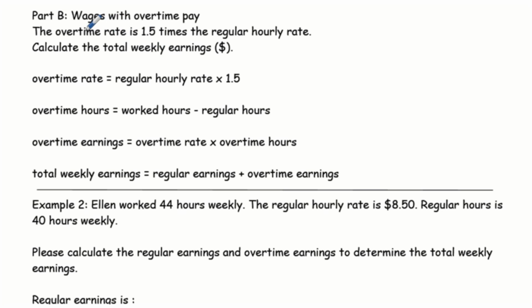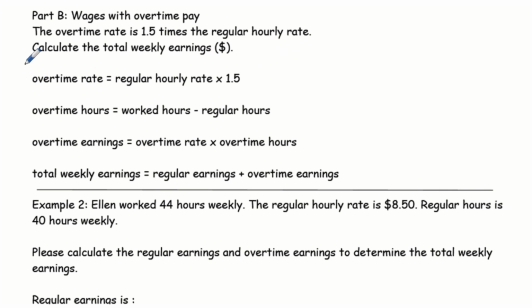And the next one, we are going to do part B, wages with overtime pay. So the overtime rate is 1.5 times the regular hourly rate. You are going to make more money when you are working overtime. So how to calculate the total weekly earnings?